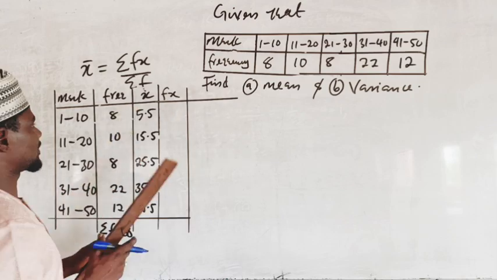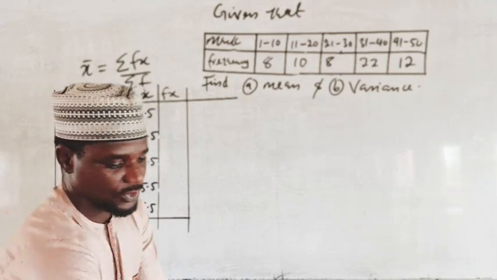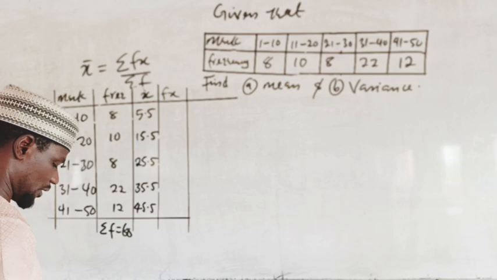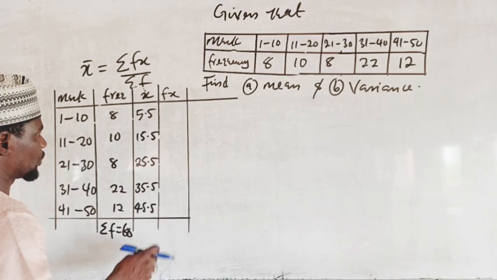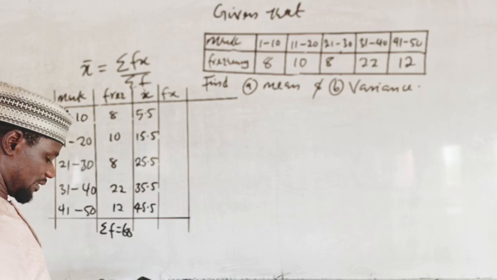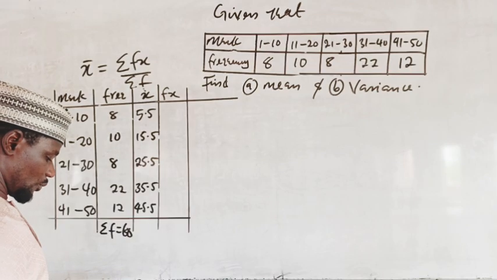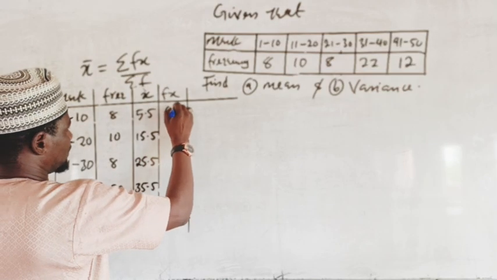So next is our fx, that is frequency times x. Let me use my calculator because it's easier than using my head and wasting time. 8 times 5.5 is 44.